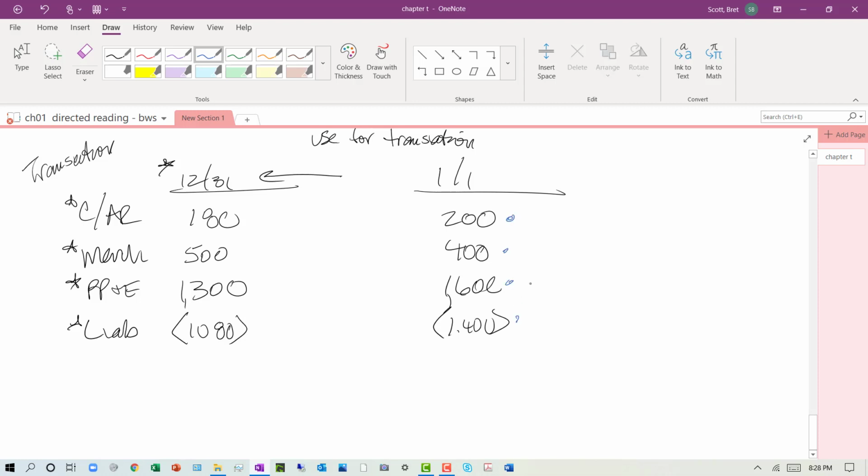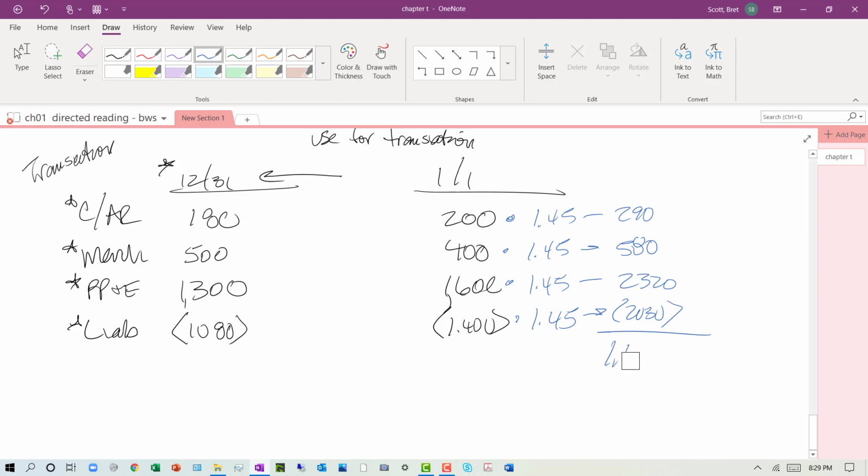So if we multiply each one of these by 1.45, we would get US dollars of 290, 580, 2320, and 2030. If we net those at that point in time, 1160. Again, this is our net asset position at January 1st.